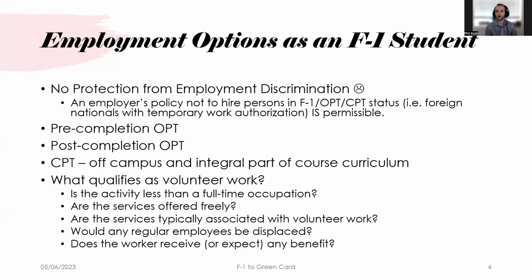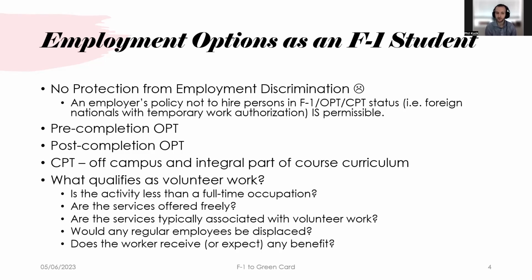So what are your employment options as an F1 student? You can do pre-completion OPT. You can do post-completion OPT. Remember that you have only 12 months absent a STEM extension. You can do CPT, off-campus and integral part of course curriculum, and what qualifies as volunteer work.